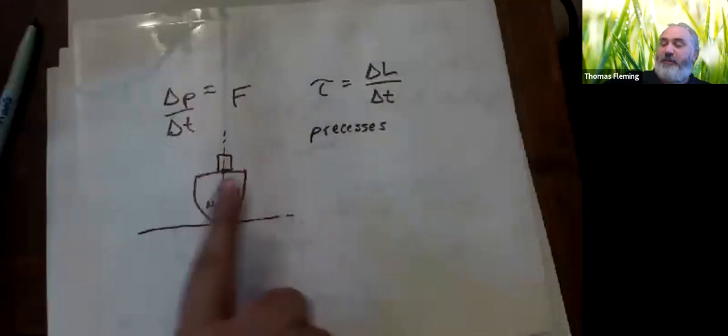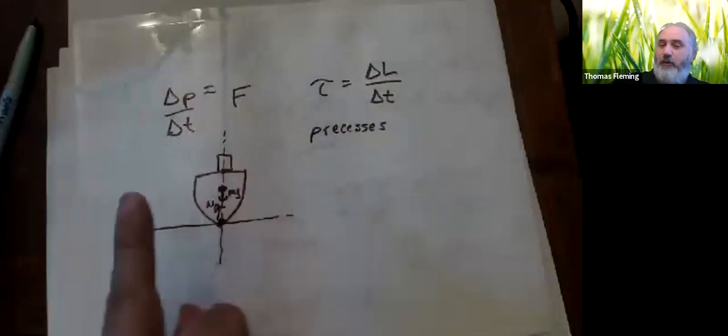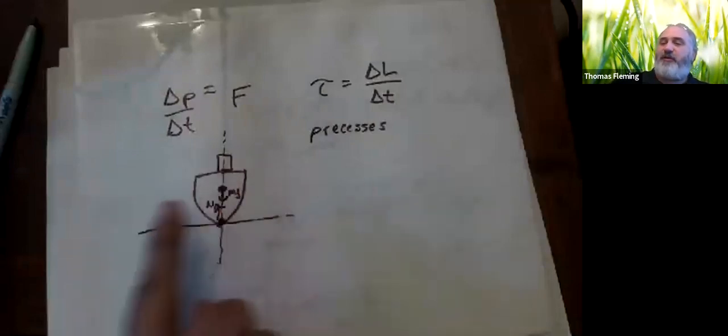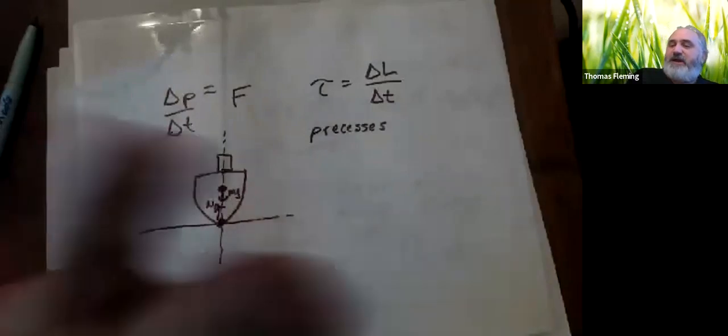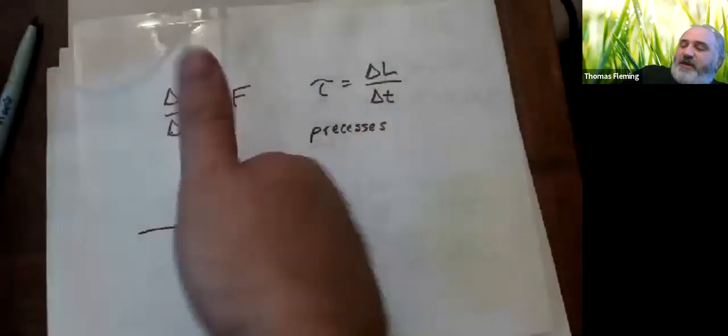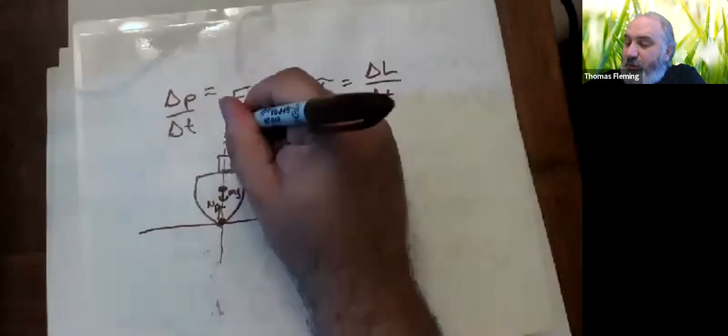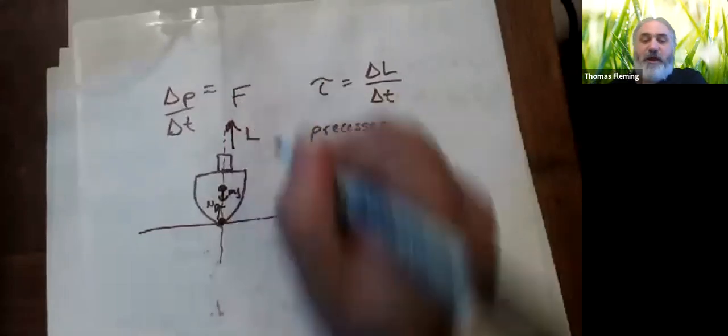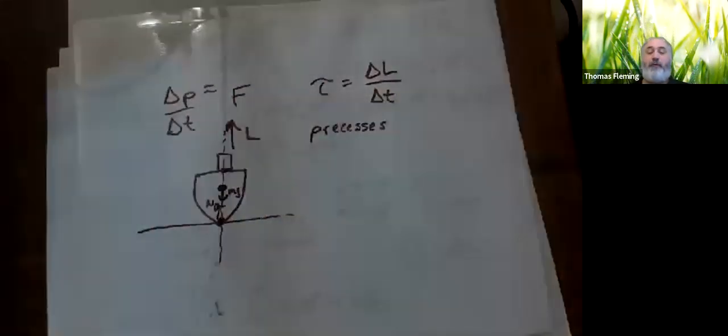In this case, let's say it's spinning around like so. If I take my fingers on my right hand and curl them around in the direction that it's spinning, L points in the direction of my thumb. So right now, when my top is spinning upright, my angular momentum vector points straight up, away from the ground.